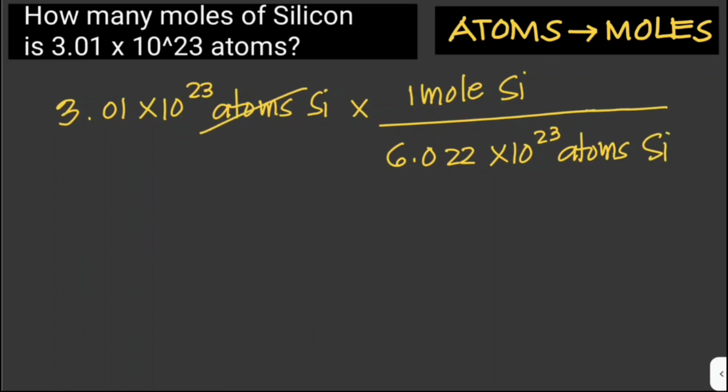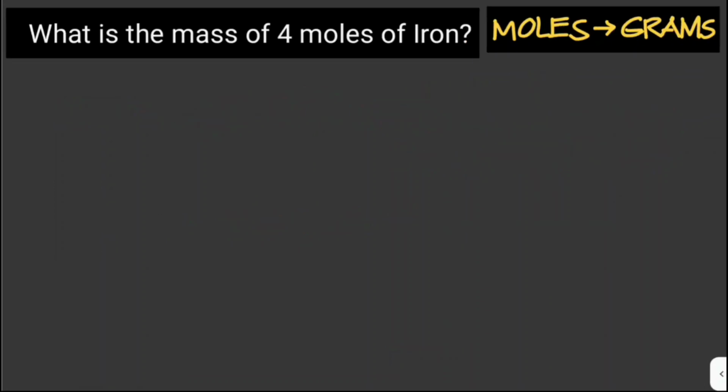Okay, and this one cancels out, so our answer would be 3.01 times 10 to the 23rd divided by 6.022 times 10 to the 23rd is just equivalent to 0.5 mole silicon.